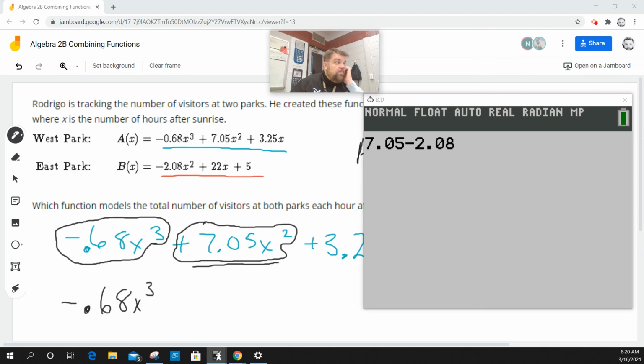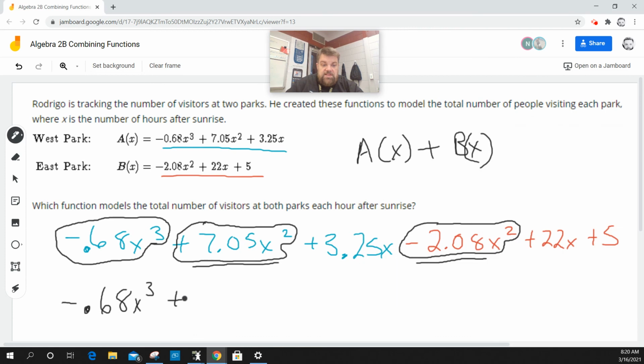Let me double check on my numbers. I think that's right. 4.97. That's what it looks like to me. So that's a positive 4.97 x squared.